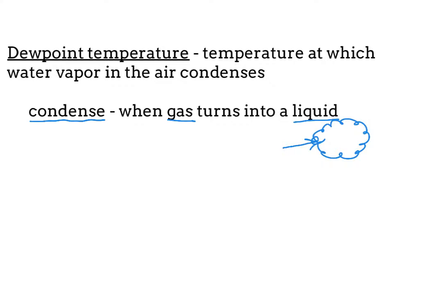And so the dew point temperature is literally a temperature. It's an imaginary temperature that exists. And then if the actual temperature in the air reaches the dew point temperature, that's when you get a cloud, or that's when you get dew or frost. So that might be a little bit confusing, so let me clarify it a little bit.